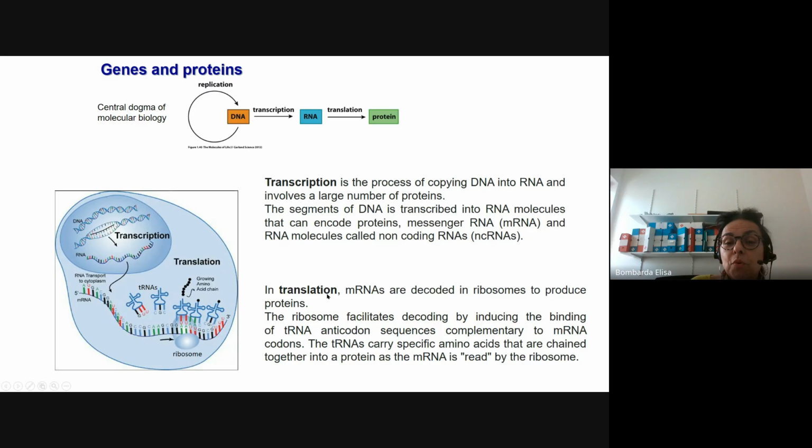So in translation, mRNAs are decoded to produce protein. What is the function of the ribosome?